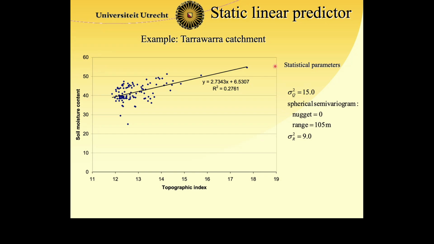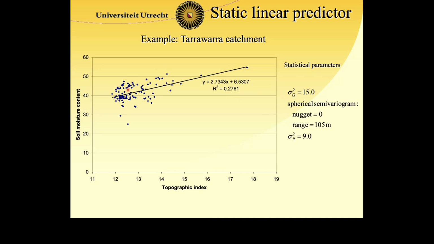We fit a regression equation to it, stating that soil moisture is equal to 2.73 times the topographic index plus 6.5, with an explained variance of close to 30%. That seems not that high, but it's effective, as we will see later, especially if we do an update with observations.